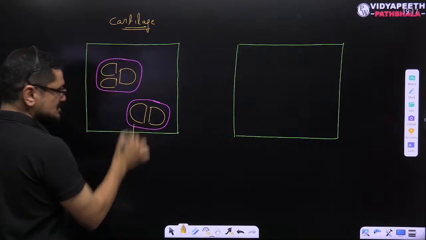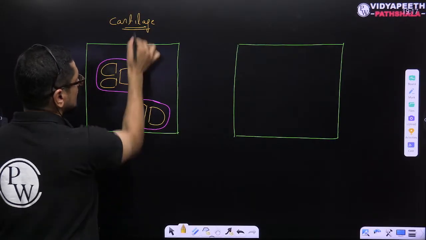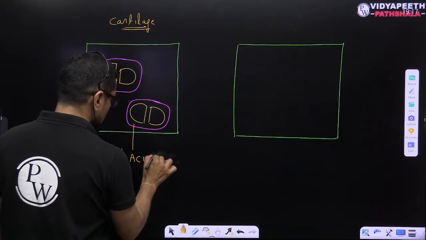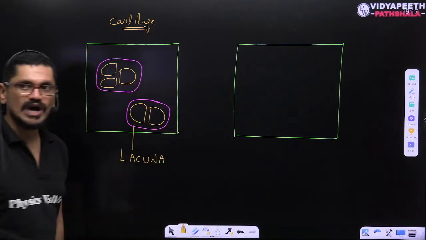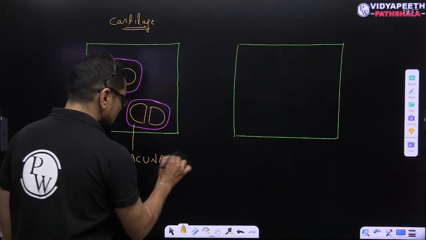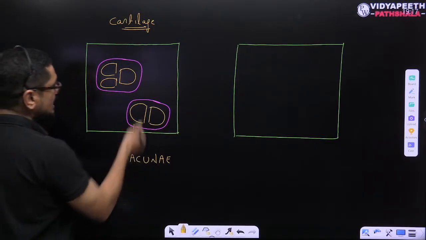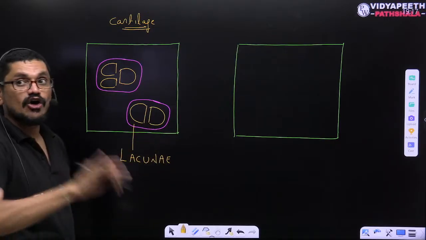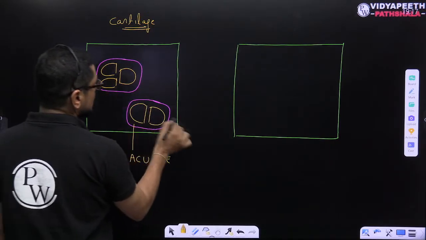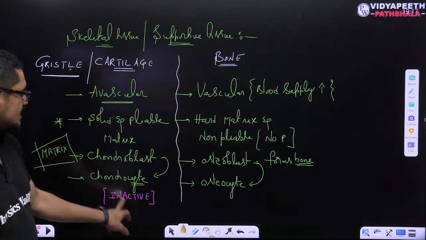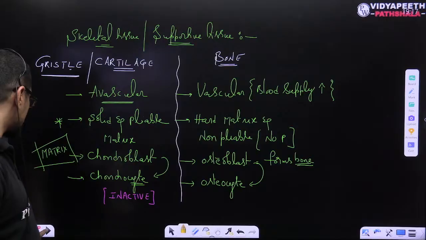The space present inside the matrix of cartilage is called lacuna, lacuna singular, lacunae plural. Lacunae are the empty spaces. See inside the lacunae how many cells are present? These are nothing but the empty spaces. Inside the empty space these chondroblasts are present.